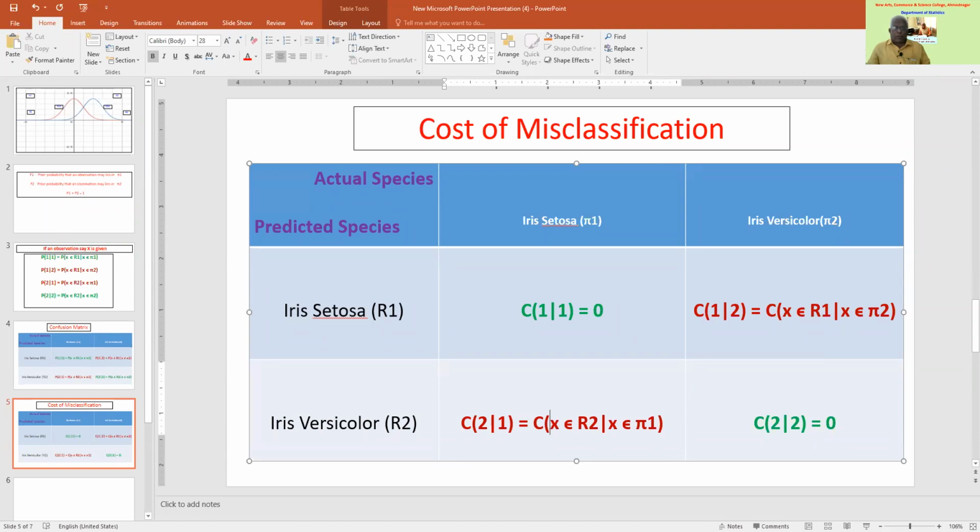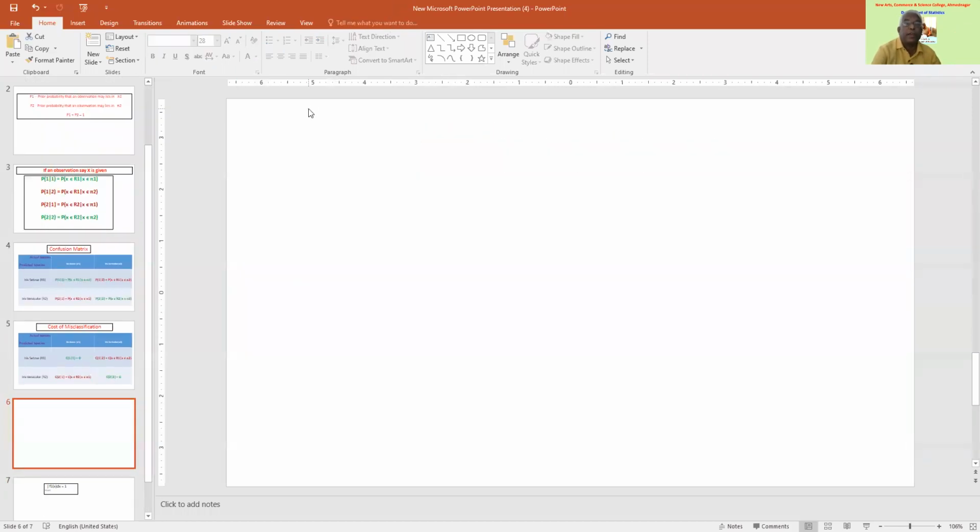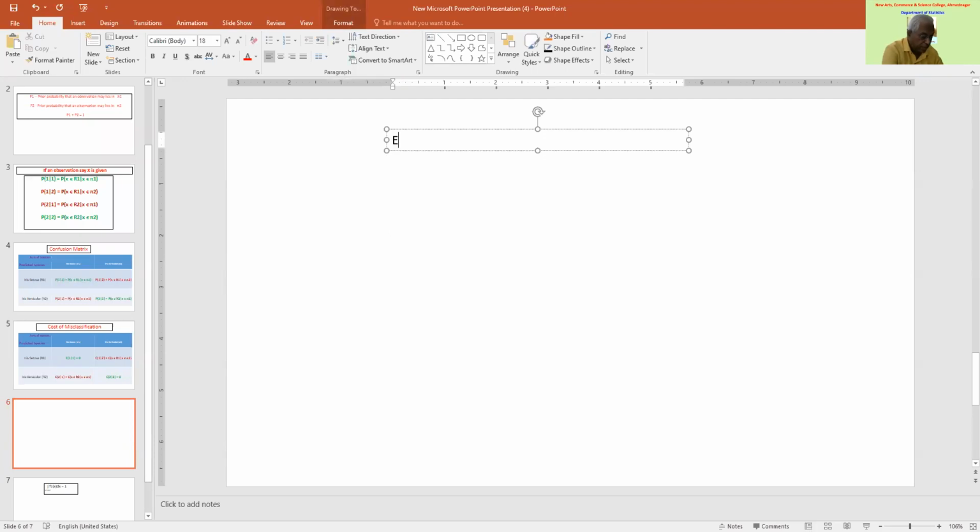Now we have probabilities, we have cost, so we can find out what is the expected cost of misclassification. So let us come to the next case, expected cost of misclassification, ECM. What is it? It is the expected cost of misclassification.